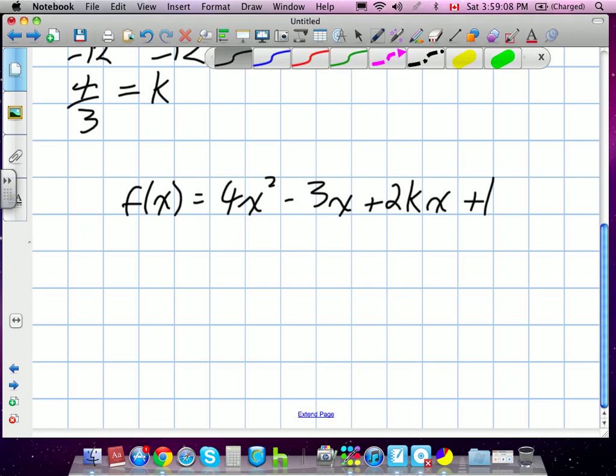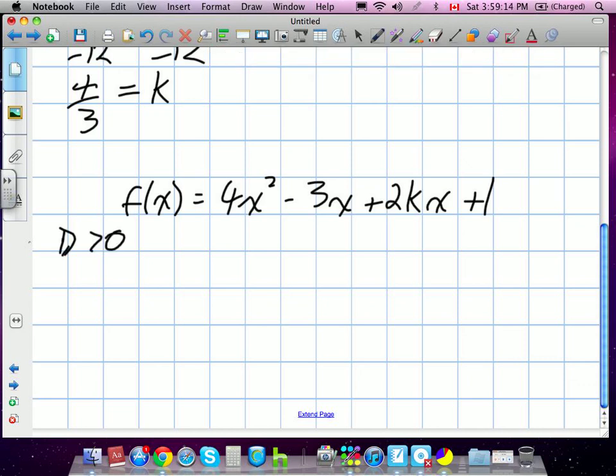All right, let's go back to that first question and see if we can solve it just as quickly. In that question, it said they need to have two zeros. So in other words, D needed to be greater than 0. Okay. So when I write my discriminant formula, I'm going to get 0 is less than b squared minus 4ac. And I'm going to plug values in. Now this one will be a little more complex.